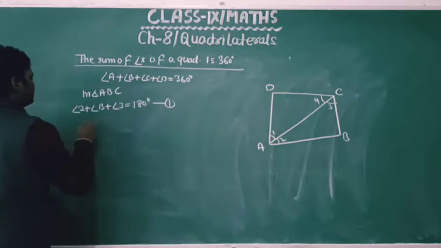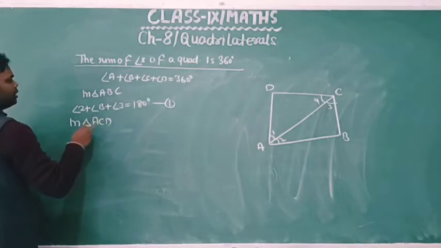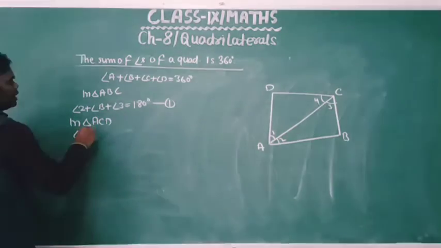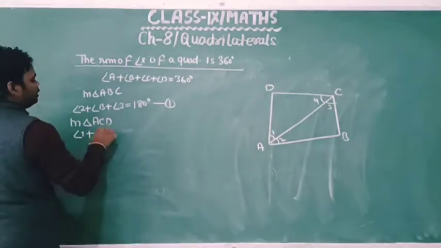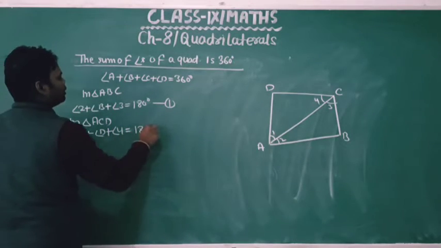Say equation 1. And also in triangle ACD, angle 1 plus angle D plus angle 4 equals 180 degrees.